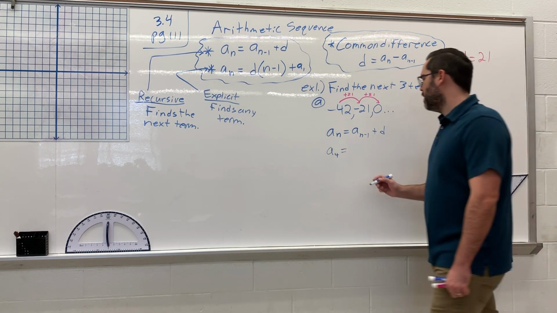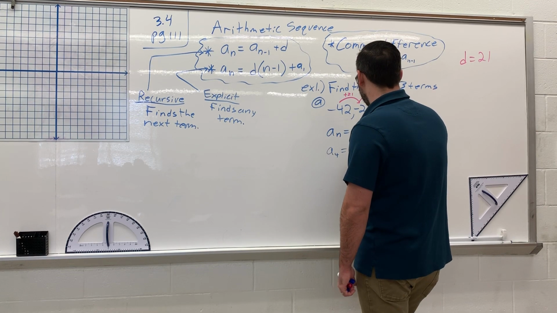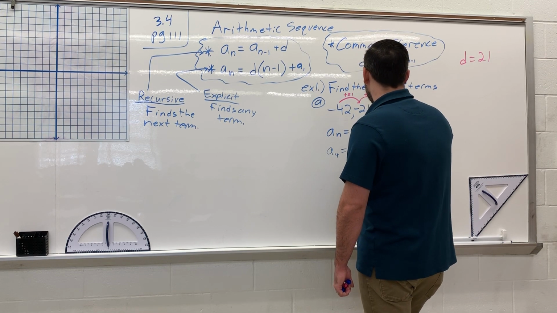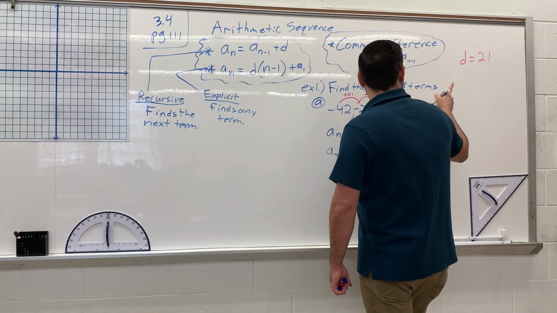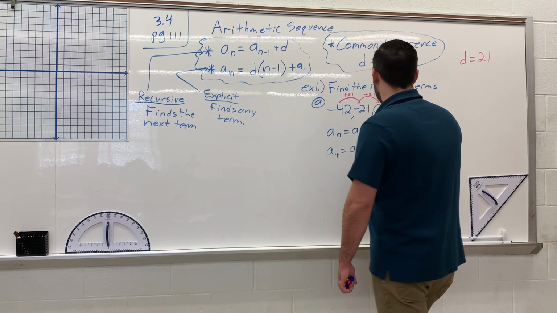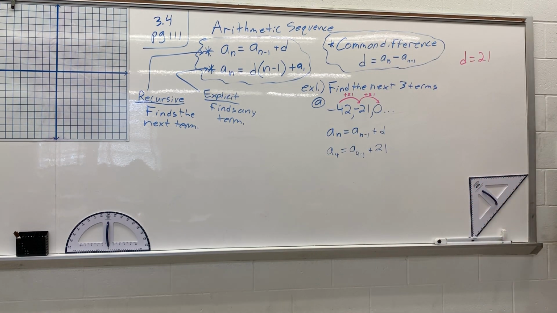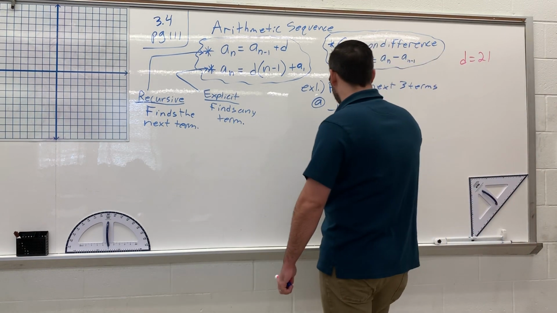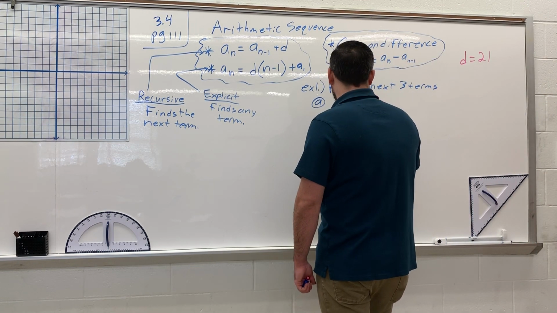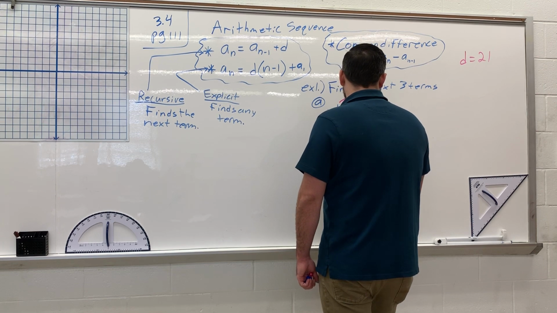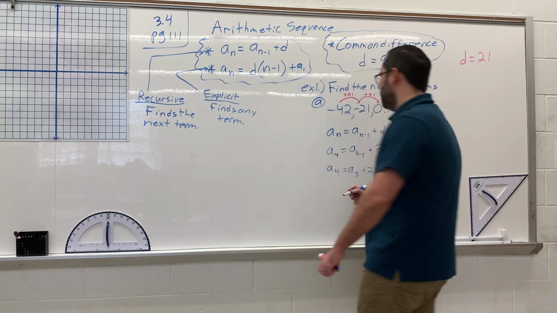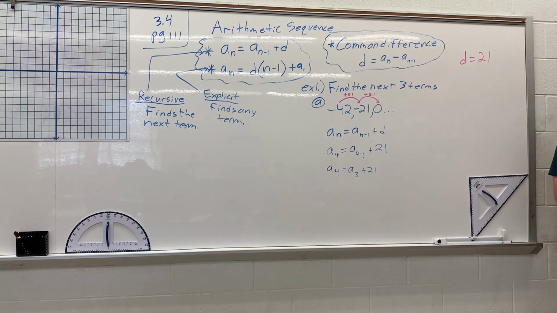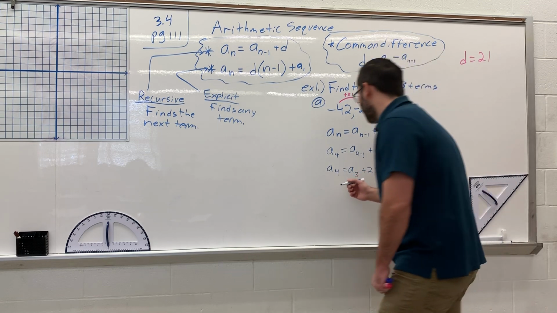A sub 4 equals a sub 4 minus 1 plus, we already know the difference is 21. So what is a sub 4 minus 1? 3, a sub 3. And what do we know is the third term? 0. So we plug 0 in for that.